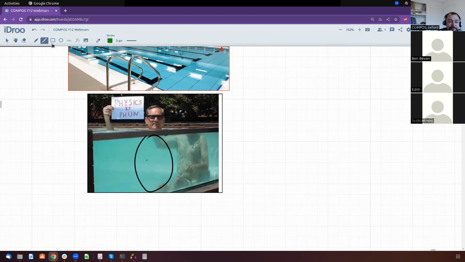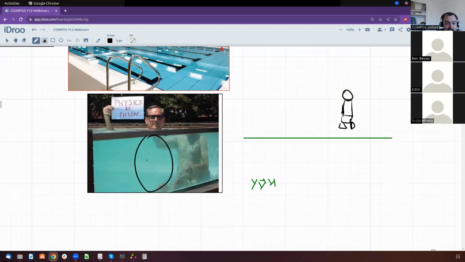So you have the swimming pool, and this is you. This is headless Nick. This is the person in the pool. This is the person's body. This is the person's head. You see the head through the air, so you see the light coming from the head directly. But the light from the body is going through the water first. It goes through the water and then comes out like this, refracts.